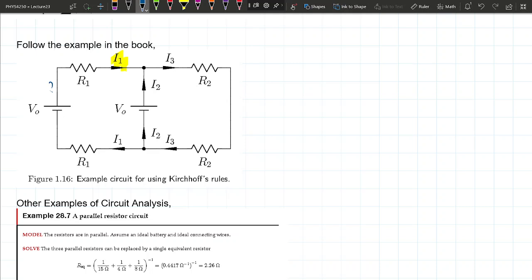It's I1 also, right? So imagine this as a little pipe that's pumping water. Whatever comes out of here has to go through here. So this is all in the same pipe, so they both have the same current. But you cannot say that about this part here anymore because now there's a split in the pipe.